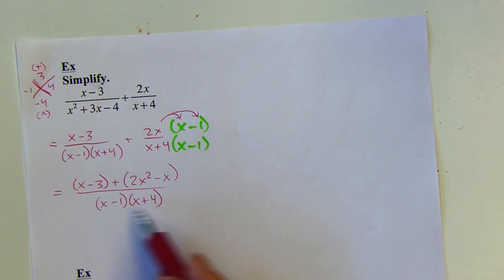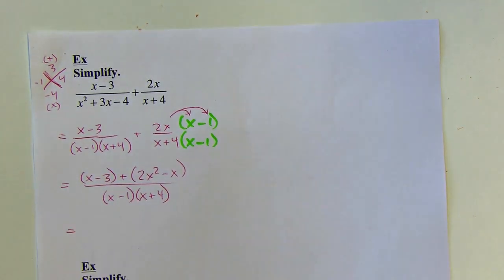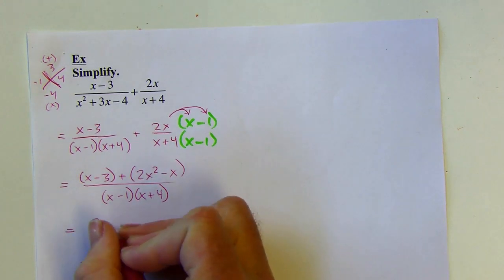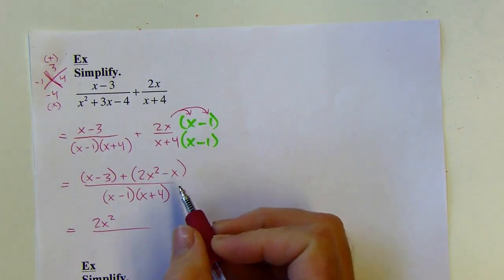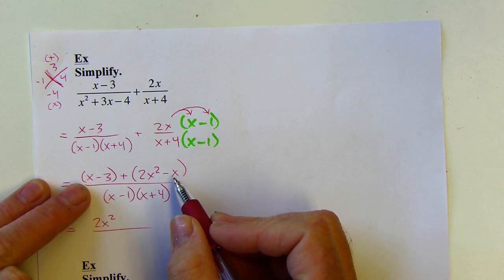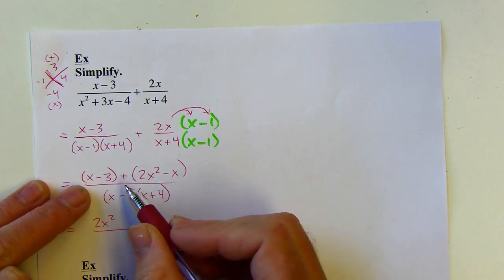I'm going to leave the bottom factored, because sometimes we end up being able to do some more canceling. But it's gonna, so I've only got one x squared term up there. And then for my x's, those are actually gonna cancel out. So I've got a negative x and a positive x.